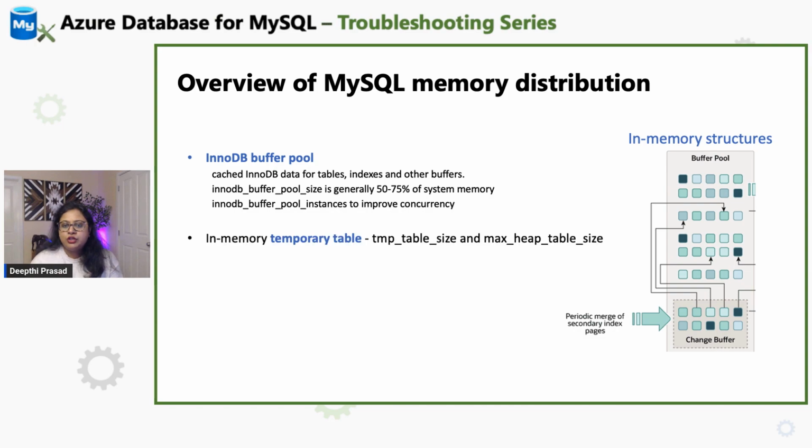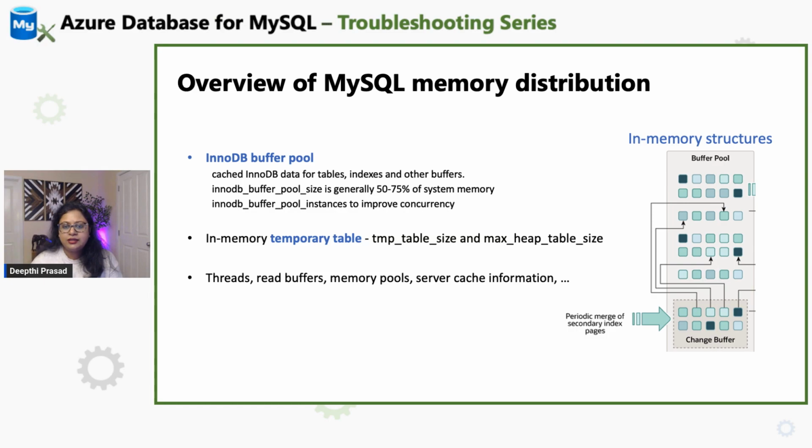In addition to the InnoDB buffer pool, the other components that make up the in-memory structures are temporary tables. These temporary tables are defined by two system variables called tmp_table_size and max_heap_table_size. We'll learn more about temporary tables further down the line. Moving on, the rest of the memory is used for other auxiliary and thread buffers.